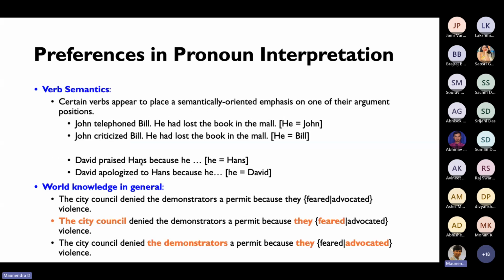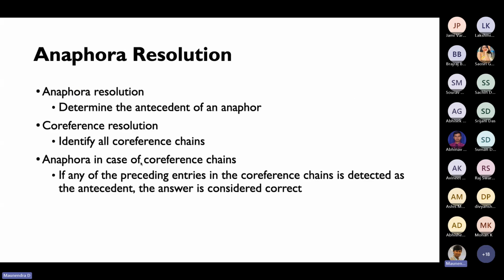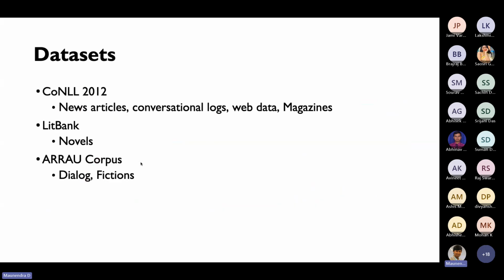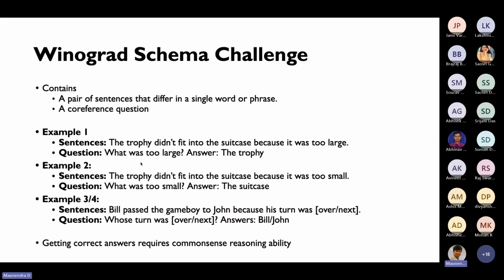So we saw some techniques on how to reduce the number of candidates that we consider for the clustering approach, and some data sets. We also looked at a specific task called the Winograd Schema Challenge, which is a difficult task for a machine to handle because it requires some common sense reasoning as well as deeper natural language understanding.